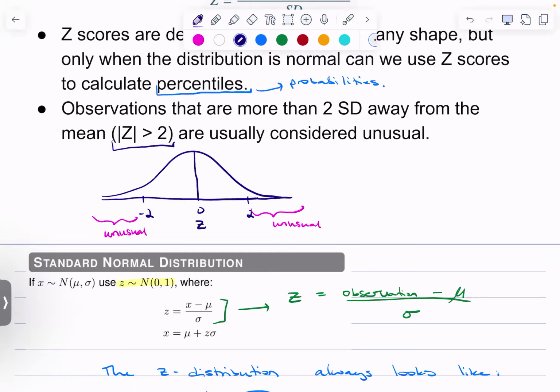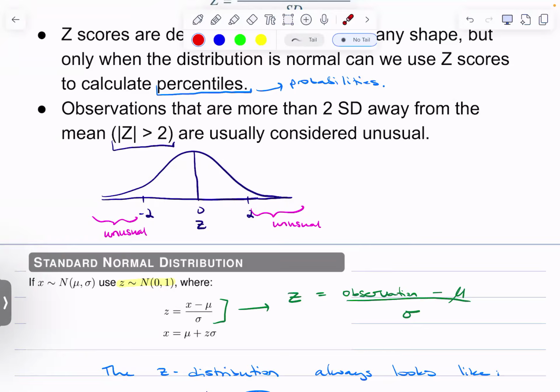Remembering that what I have on this lower axis here are z-scores. So just as a rule of thumb, any z-score bigger than 2 is going to be considered unusual. Now, what does unusual translate to in probabilities? Small probabilities, right?